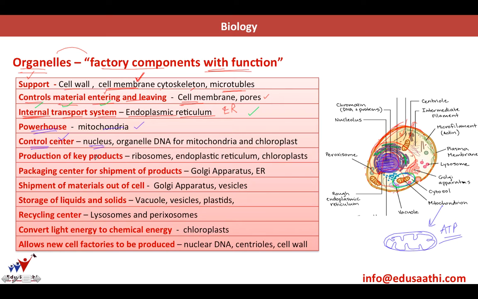Production of key products is done by ribosomes, endoplasmic reticulum, and chloroplast. Now, if I talk about what is ribosome, I've talked about endoplasmic reticulum already. Ribosomes are made up of RNA, or I should say ribonucleic acid, and they take part in protein synthesis.